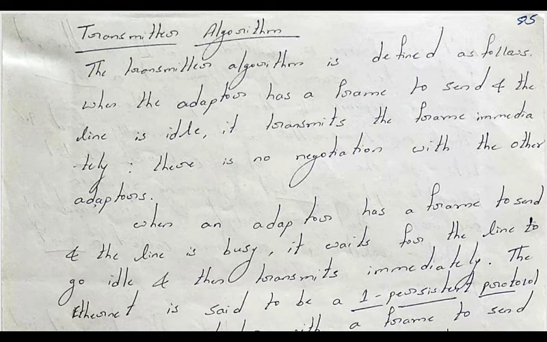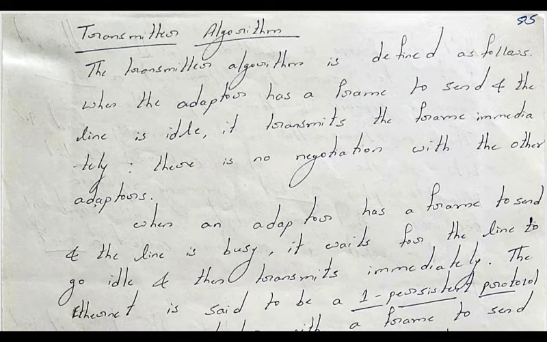An adapter with a frame to send transmits with probability 1 whenever a busy line goes idle. The node that has data to transfer senses the channel, and as soon as the channel becomes free, it transfers the data with probability one.